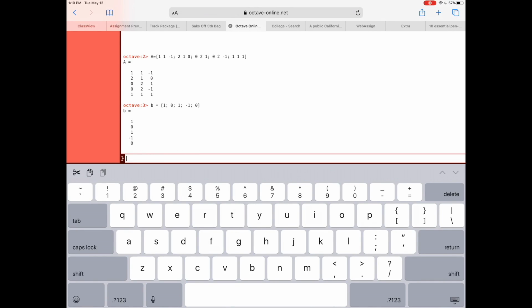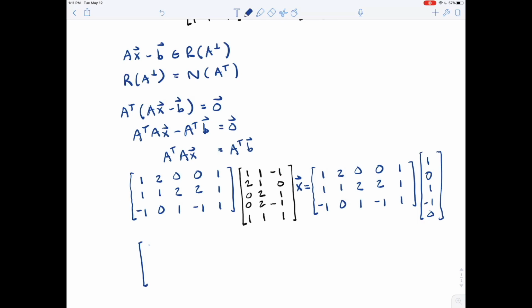So, filling out our equation, we're going to have A transpose times A, and that will be the following. And then we'll have A transpose times b, and we'll get that one. So when I go back, I'll have the following times x will equal to 1, 1.